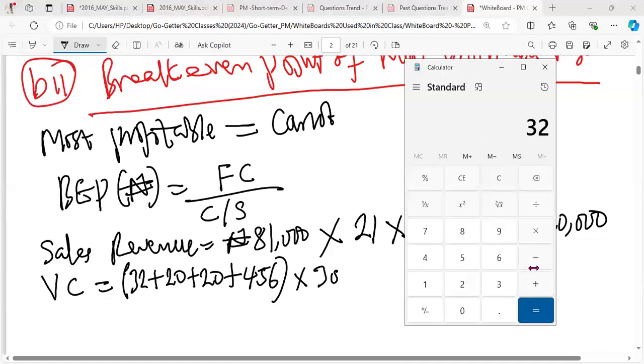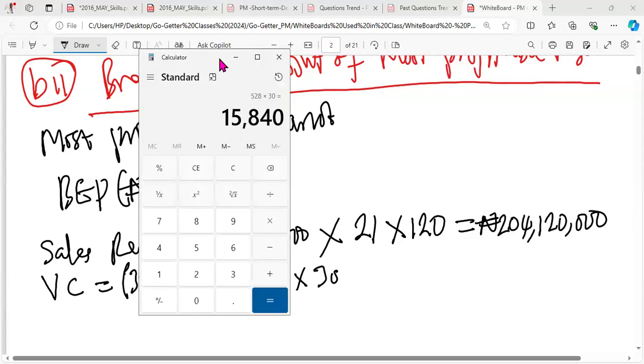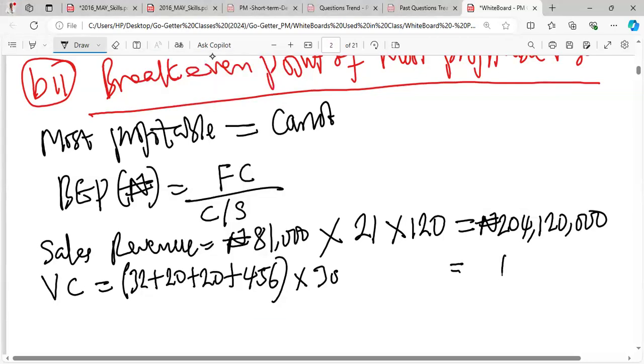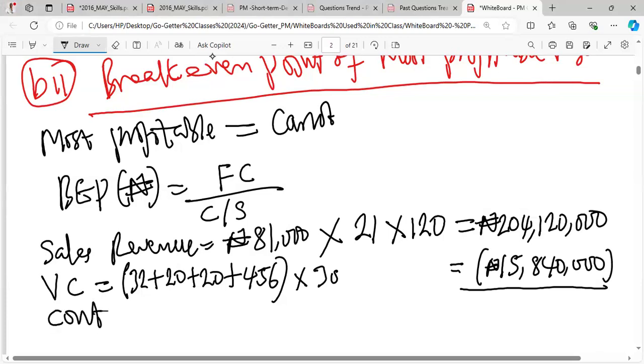But in my final answer, I will put the 1,000. So there's 32 plus 20 plus 20 plus 4, 5, 6 multiplied by 30. I have 15,840. So I will come here and I will say 15,840. I'll put my 3 zeros. Now, because this is variable cost, I'm putting it in brackets. Then what I have here is contribution.